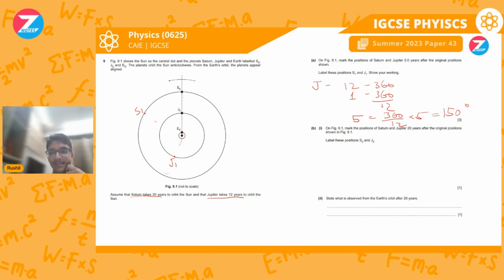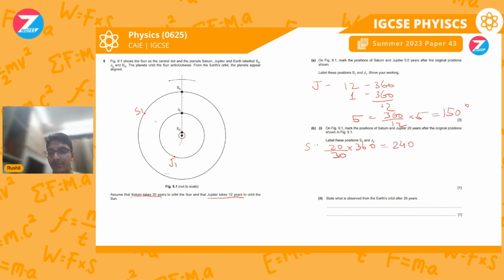Now, question B says that on the figure, mark the positions of Saturn and Jupiter 20 years after the original positions shown in figure 9.1. So we basically have to do the same thing. For Saturn, it's 20 by 30 into 360, which gives us 240 degrees.